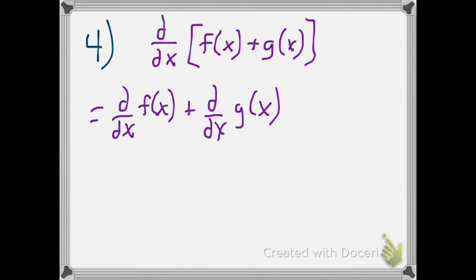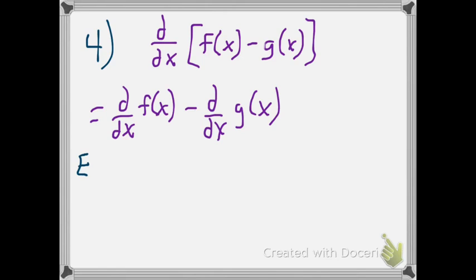And the same thing would be true if this was subtraction. So if we were using the difference rule, I would say f of x minus g of x is the same thing as the derivative of f of x minus the derivative of g of x.